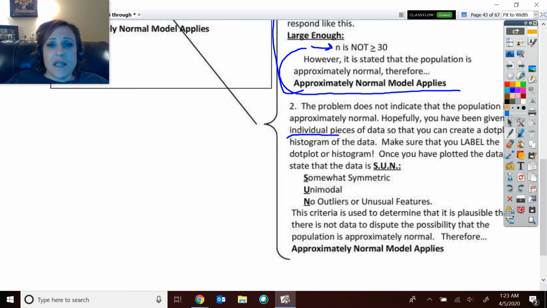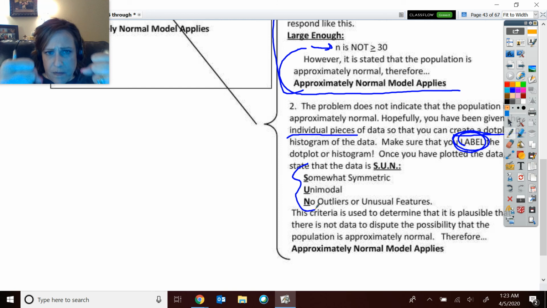Then you have the individual pieces of data to be able to make your dot plot that you label very well. And you can say somewhat symmetric, unimodal, and no outliers. So the approximately normal model applies. You could have to do that for both of them. You could have to do a dot plot for the Fish Friends data and a dot plot for the Buy Right Pets data, okay?